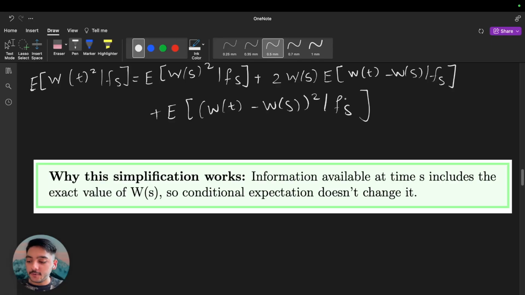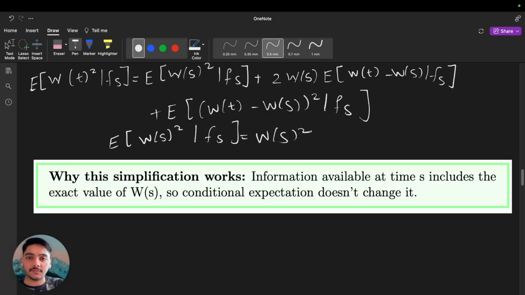So we will evaluate each term separately. Since Ws is Fs-measurable, it is known at time s. So we can write the expectation of Ws² given Fs is equal to Ws². The information available at time s includes the exact value of Ws, so the conditional expectation doesn't change it.